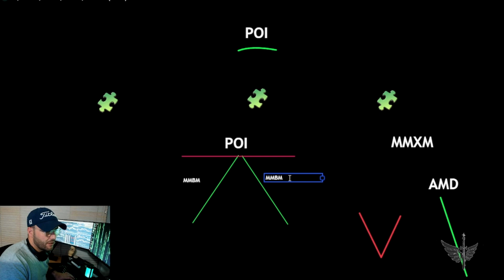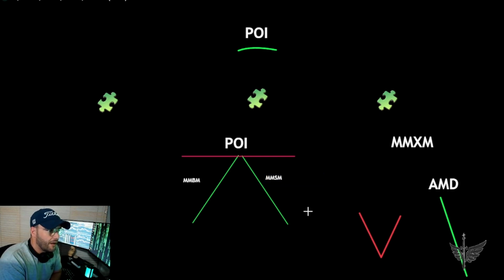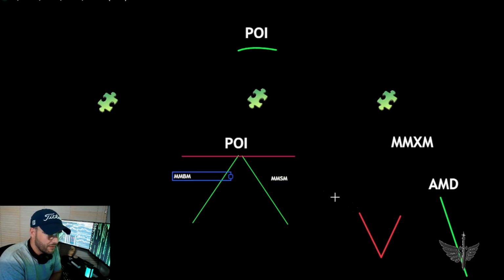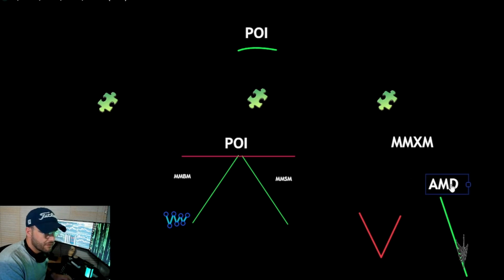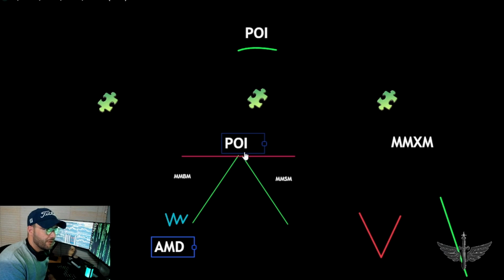Here's the market maker sell model. Now, after price accumulated here for a little while, it manipulated into a POI, and then started distributing.